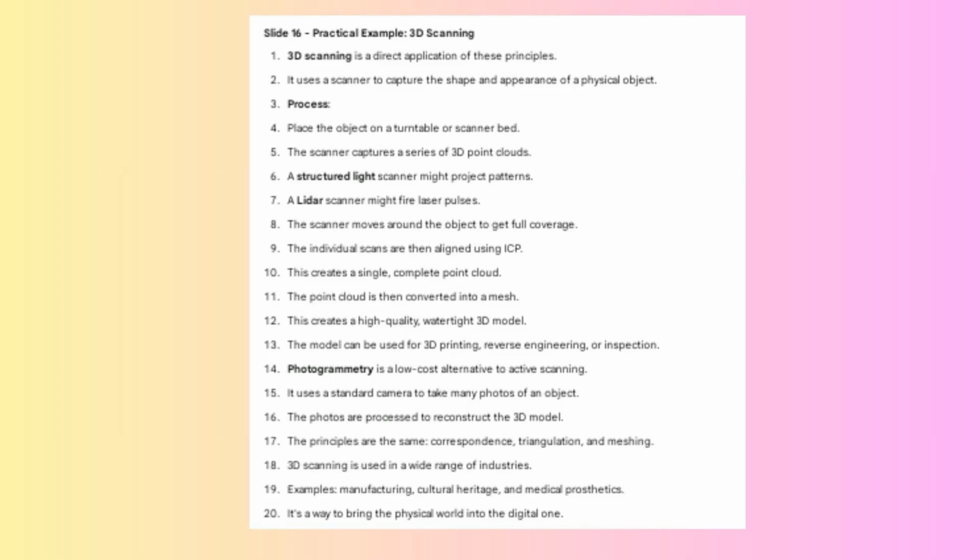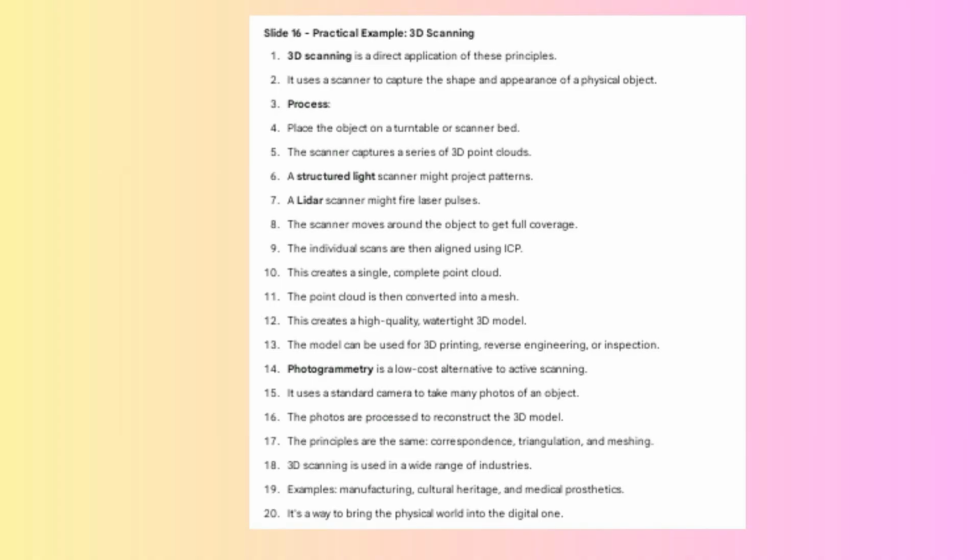It could be a structured light scanner that projects patterns, or a LiDAR scanner that fires laser pulses. The scanner captures a series of 3D point clouds from all sides of the object.